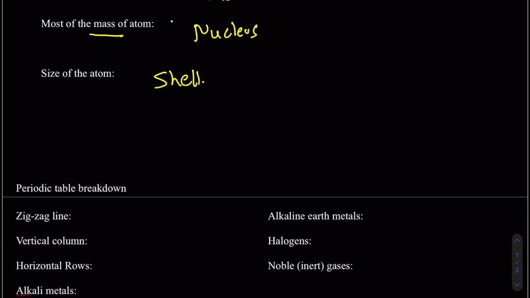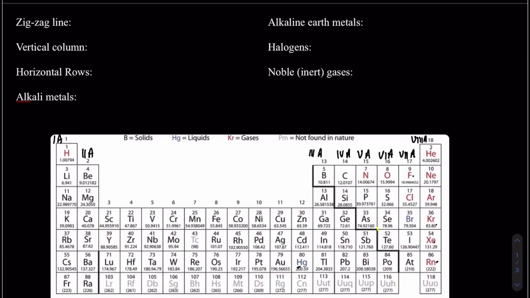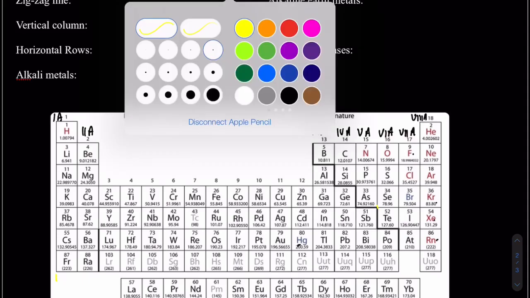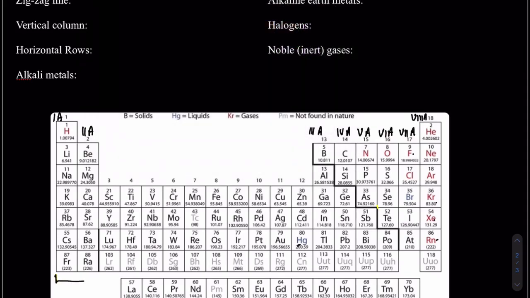Okay, let's talk about the periodic table. In a periodic table, we have 4 sections. This section right there that's made of the first 2 groups is going to be called the S block.